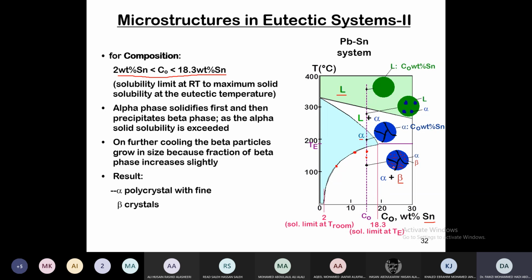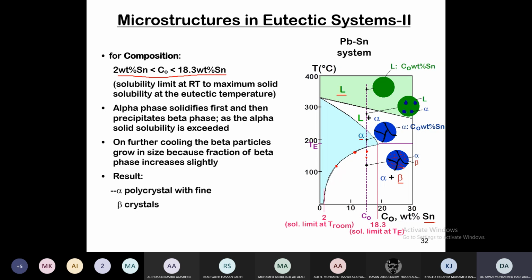So a random dispersion of the beta phase develops in the alpha phase there, and as you reduce further and further, more beta is going to develop because the solubility is further decreasing, reaching a minimum of 2% there. So you have more and more beta developing in the material.